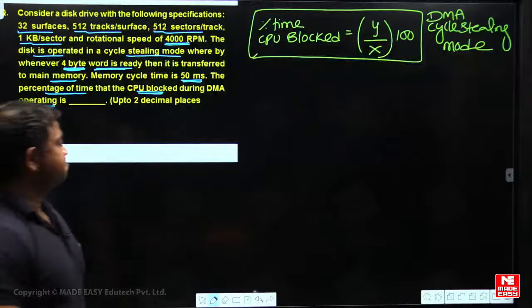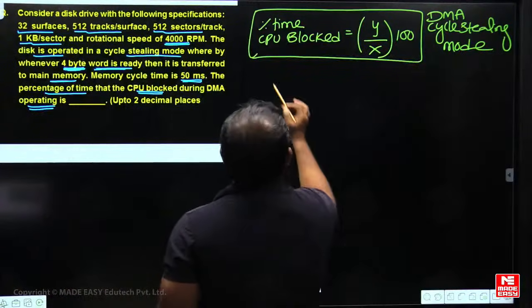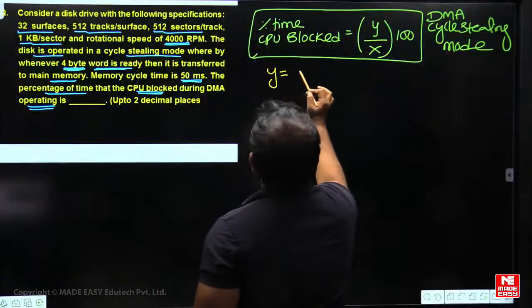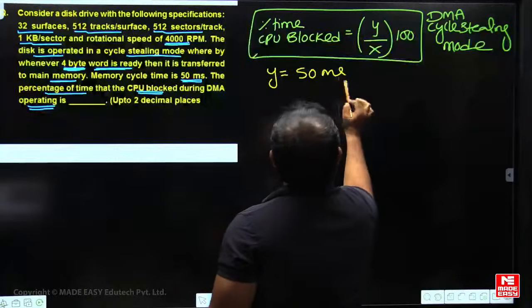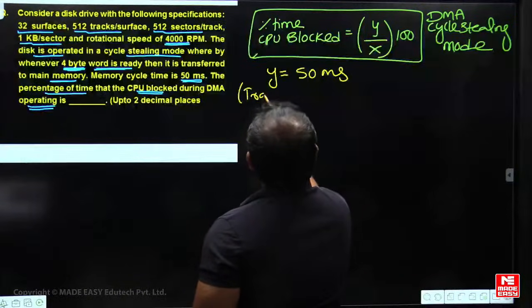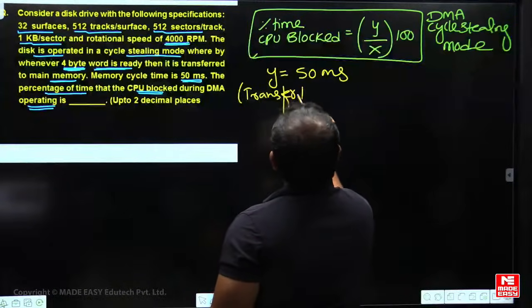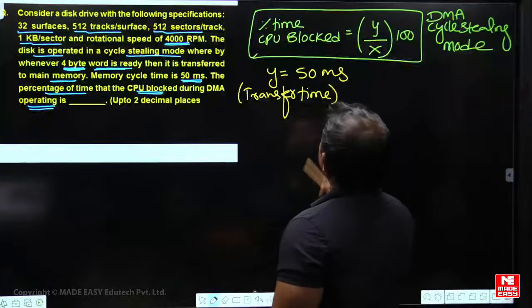What is the answer? The y value is already given: y is equal to 50 milliseconds, the memory cycle time, which is the transfer time.